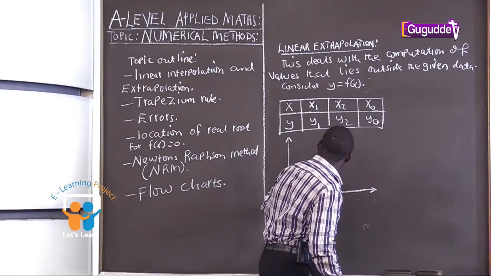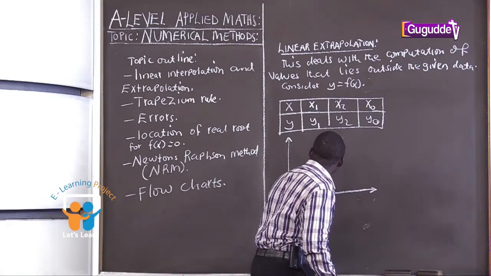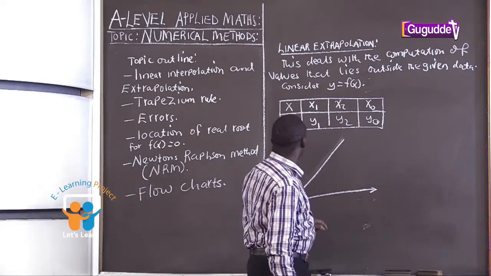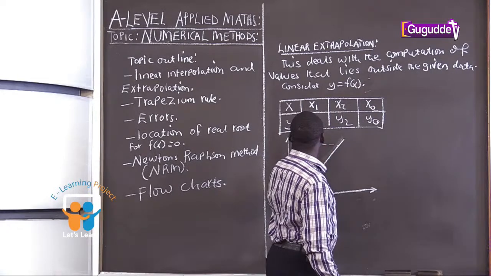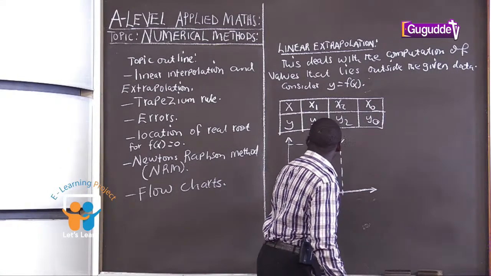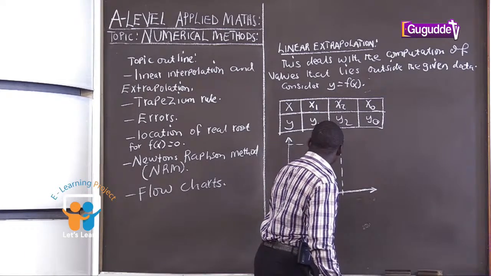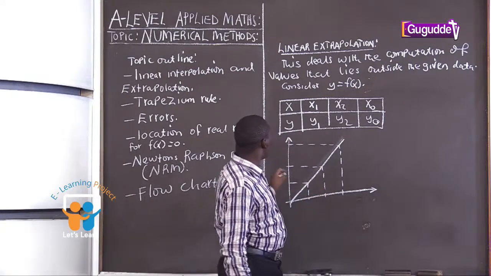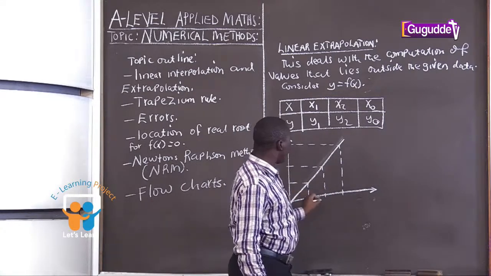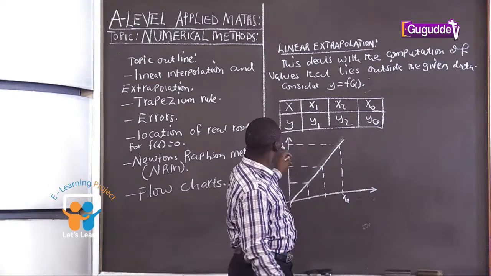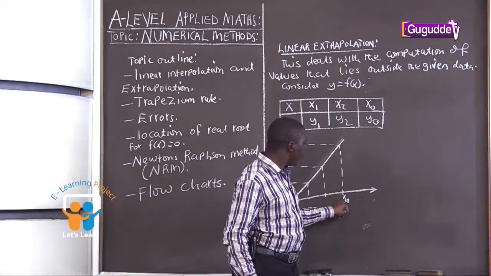This is our straight line through the origin, and for this case, we are looking at a point where it is outside, not in the middle like interpolation. So if this is y0 and this is x0, so this is y0 and this is x0.